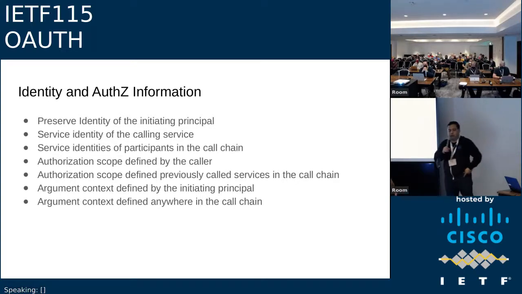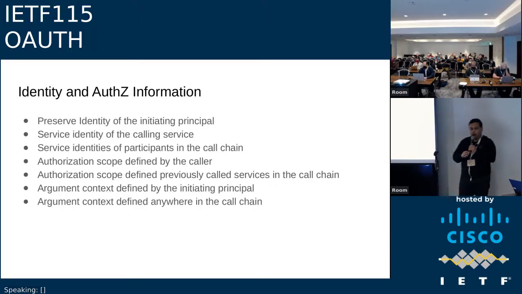And so what information are we talking about, right? These are all the things that we want to make sure are preserved: the identity of the principal invoking the call. We also want to make sure that the identity of the services that are in the call chain is preserved, and the authorization scope, as defined at the top level, but also if it was downscoped or modified along the call chain, that information should always also be present.